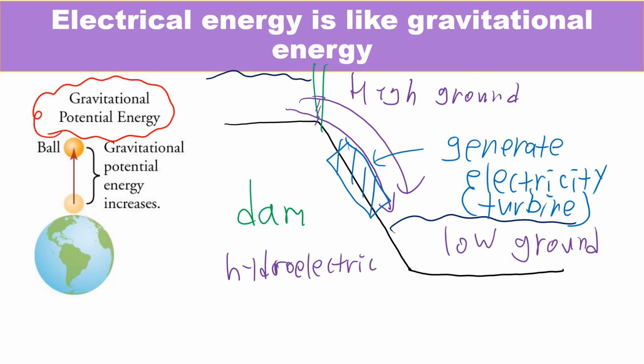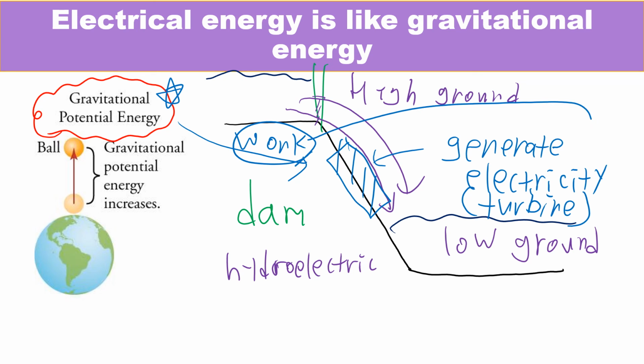So in this case, the dam uses gravitational potential energy because it has enough useful work to do to generate electricity. So whenever you hear potential energy from now on, just consider that whatever that potential energy is, it has a possibility of turning into useful work to generate some other kind of energy, like electricity.